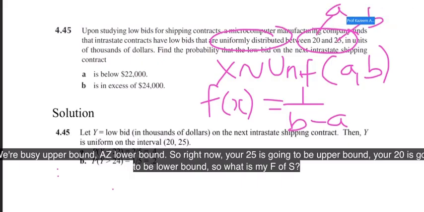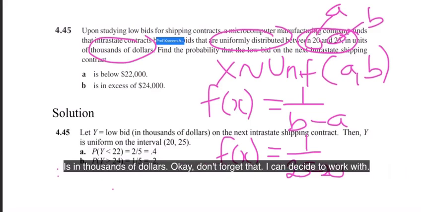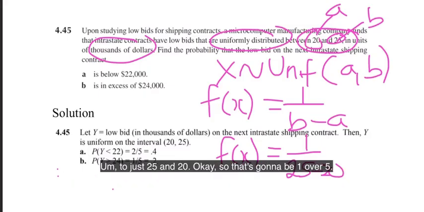So what is my f(x)? My f(x) is going to be 1 over 25 minus 20. Don't forget, this 20 and 25 is in thousands of dollars. I can decide to work with just 25 and 20.